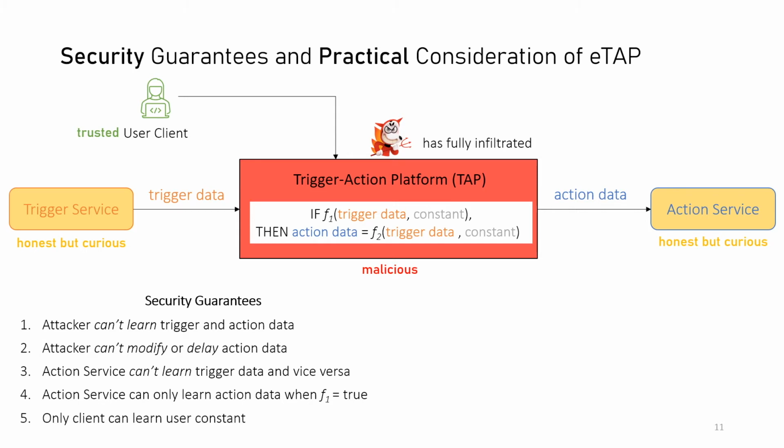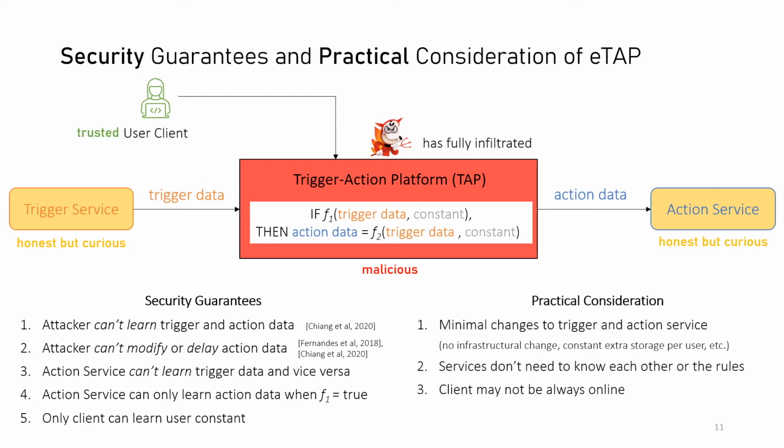Only the client app should have access to the user constants. Some prior work has already provided some of these securities under a similar threat model. Our work not only has this additional benefit, but also allows computation in these rules.